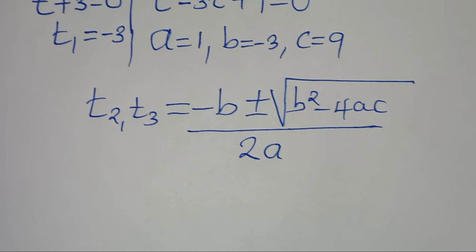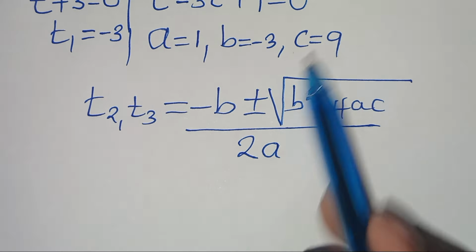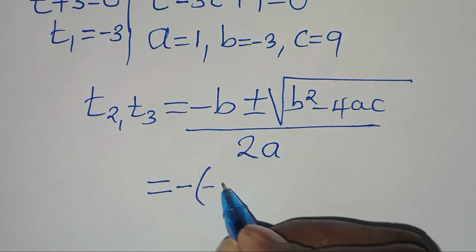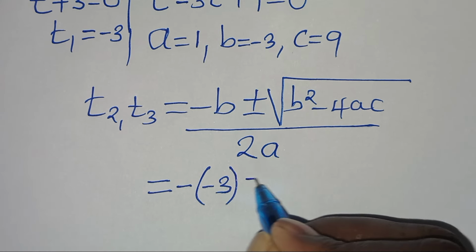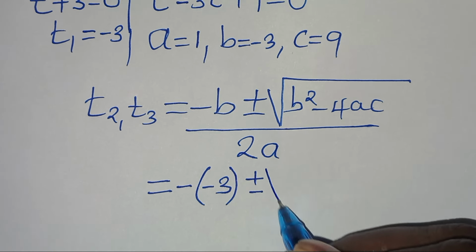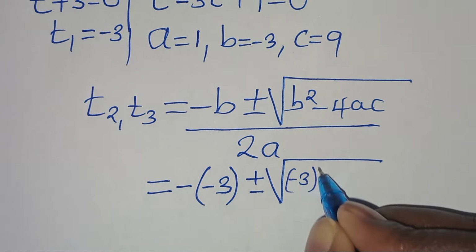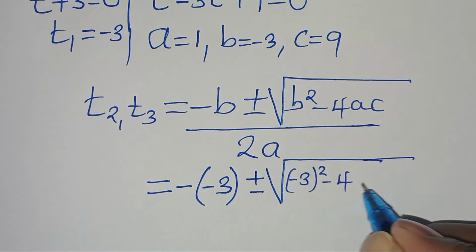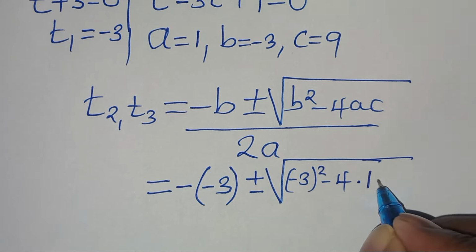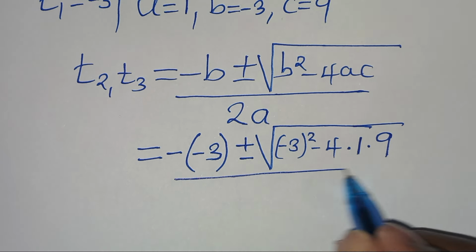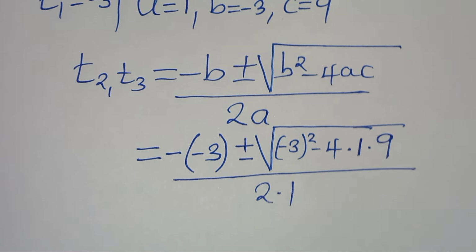So let's substitute the values of a, b, and c, so that now here we have minus minus 3 plus or minus the square root of minus 3 squared, then subtract 4 multiplied by a, which is 1, then multiplied by c, which is 9. Everything here divided by 2 times 1.